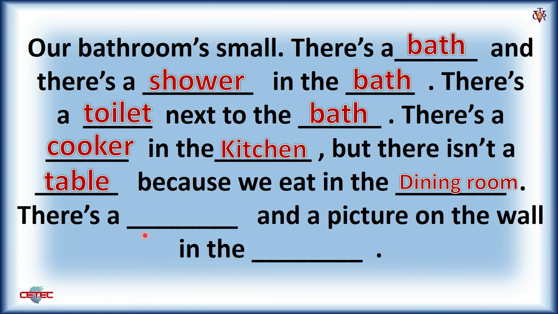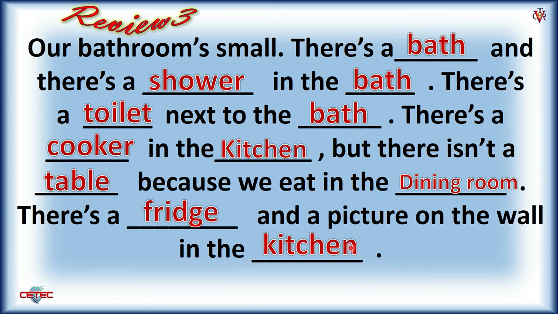There is a fridge and a picture on the wall in the kitchen. Now, let's compare your answers. Review number 3 is to check if you understand the text and if you are able to create a sentence and describe a place.